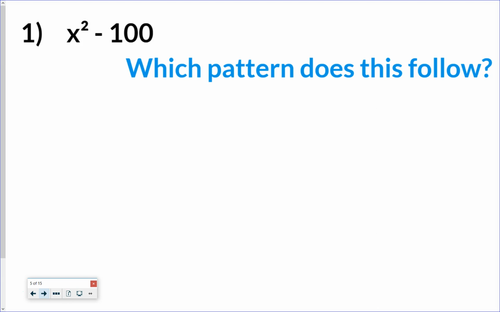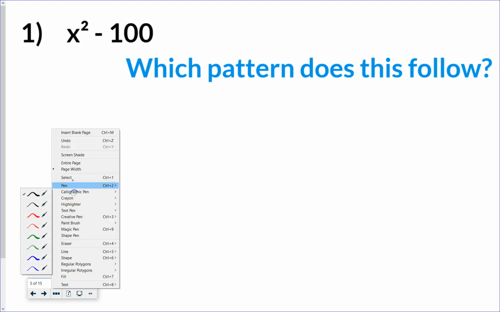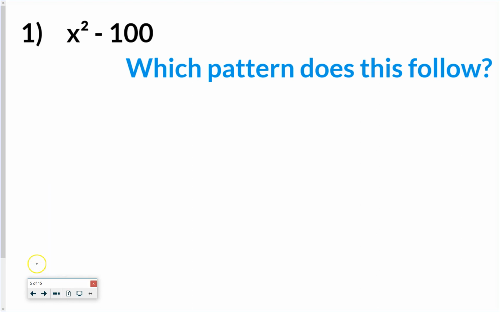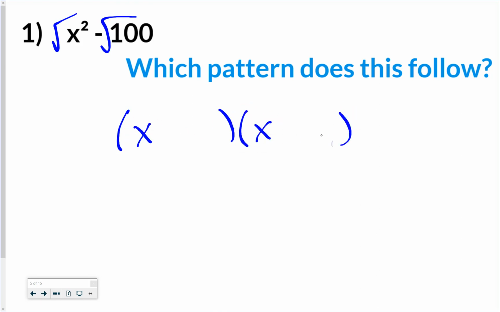There is a difference of 2 perfect squares, so you essentially take the square root of each piece. What is the square root of x squared? It is x. And what is the square root of 100? 10. There you go. And we do 1 plus, 1 minus, we're done.